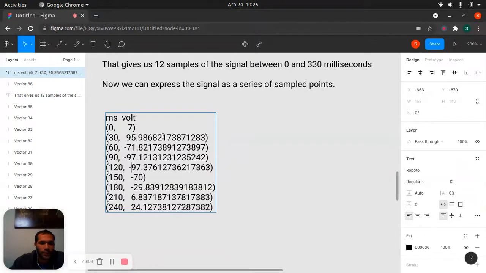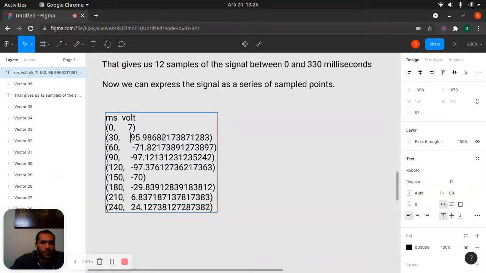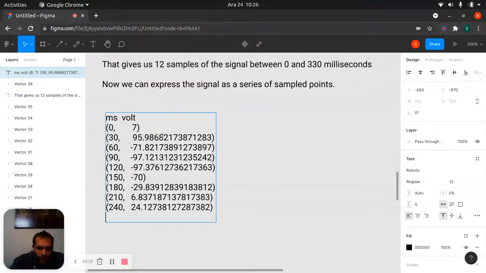Okay, let's write them. Let's do it like that. And the other one will be 74.